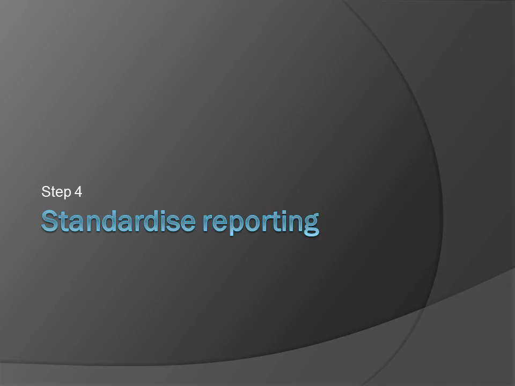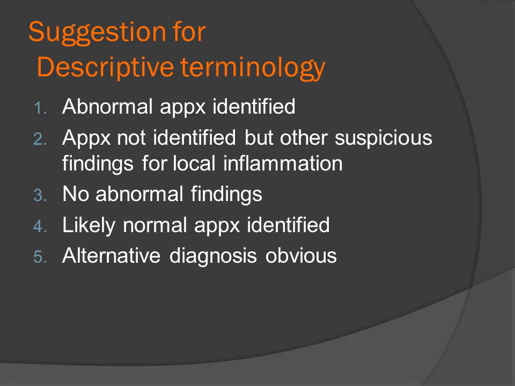I do think, finally, that it's important to standardize reporting. I feel that a lot of the variability we have in sensitivity and specificity of bedside ultrasound is a result of us not being clear in what we are finding. My personal preference is that if I can see an abnormal appendix, then I will say so, and this is a very specific finding.